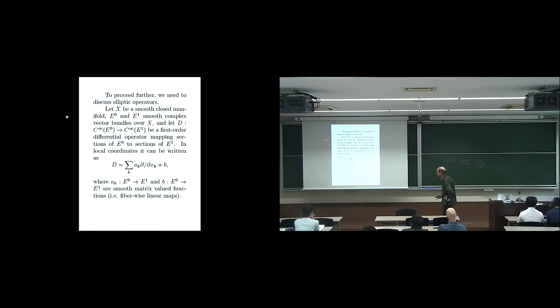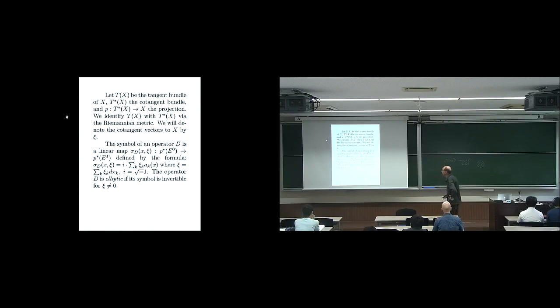So these are very easily describable operators, but let's look at what we can do in general. As Nigel Hickson said, we need to consider symbols, and symbols are defined on cotangent bundles.